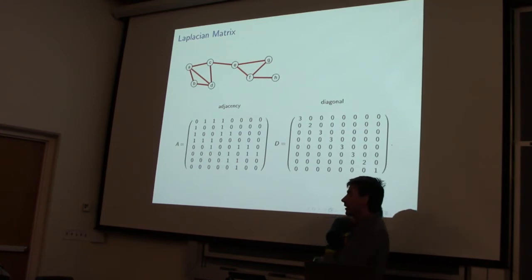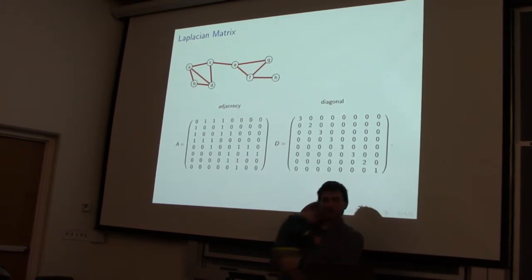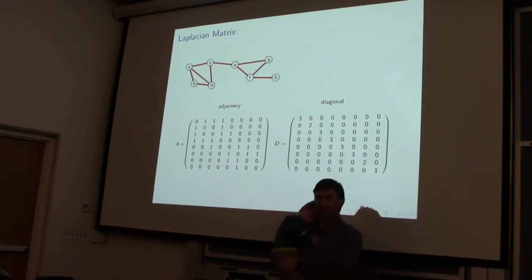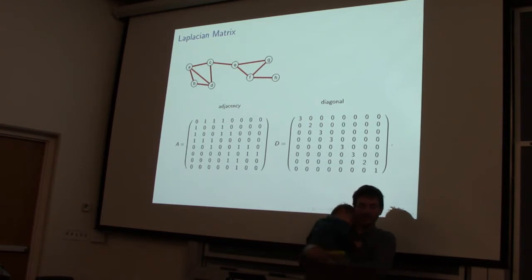And so I also create another matrix called the diagonal matrix. This is simple because it only has non-zeros on the diagonal. Everything is 0 except for on the diagonal. And what's on the diagonal is going to be just the degree. I guess this is sometimes called the degree matrix.